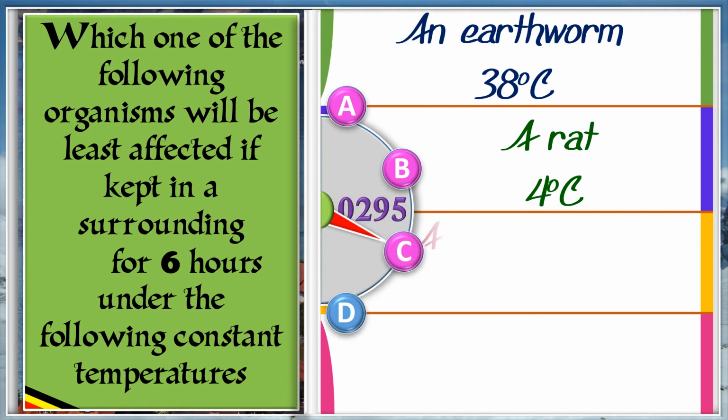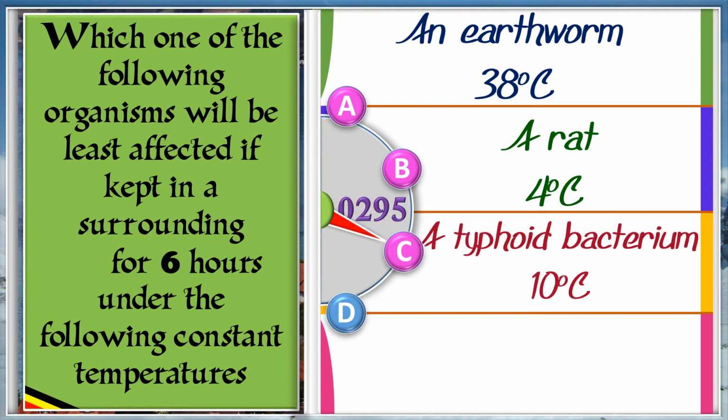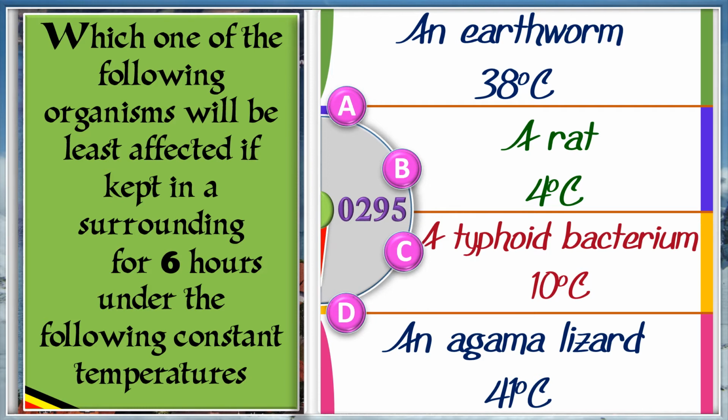C, a typhoid bacterium 10 degrees Celsius. D, an agama lizard 41 degrees Celsius. And the answer is C, a typhoid bacterium 10 degrees Celsius.